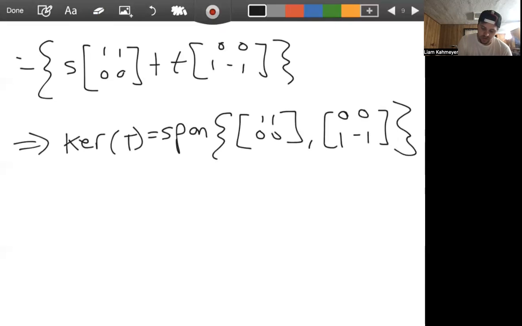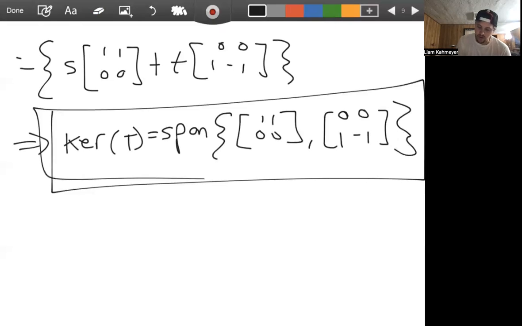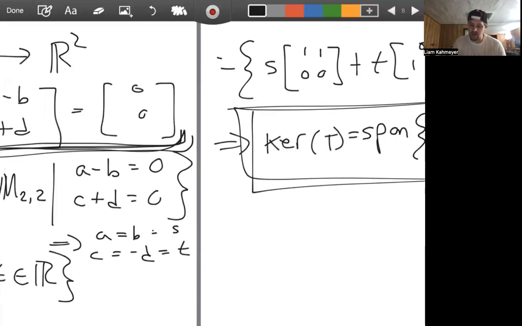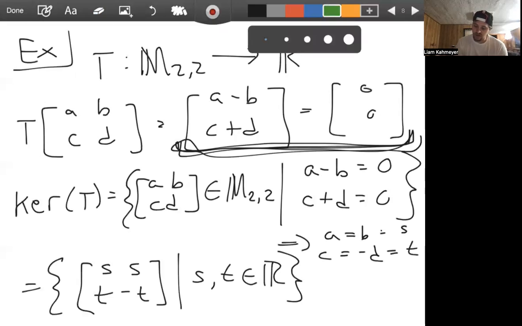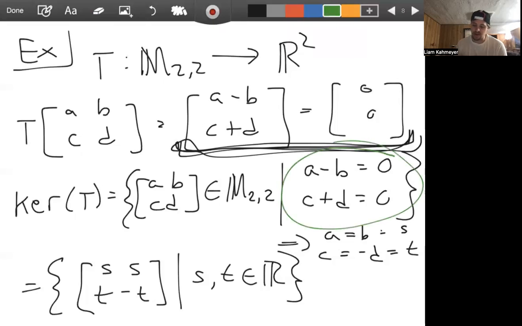And so this was how we found the kernel, right? You calculate what matrices map to 0. And the matrices that map to 0 are precisely those that satisfy A minus B is equal to 0 and C plus D is equal to 0.